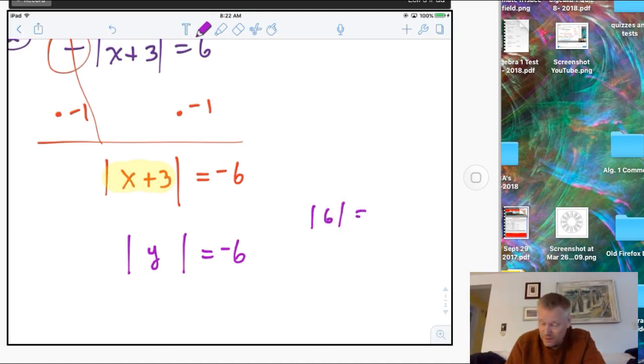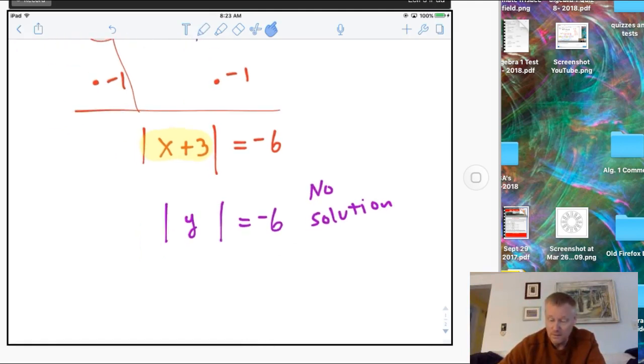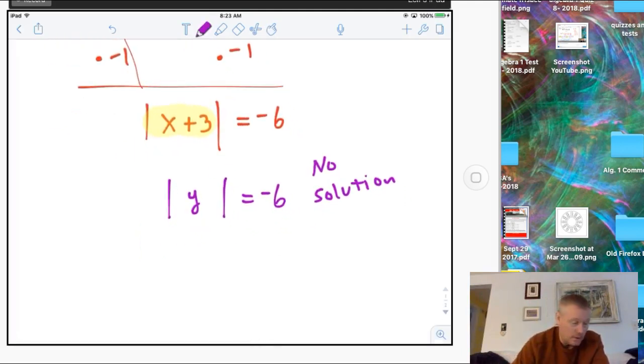The absolute value of 6 is 6, and the absolute value of -6 is also 6, which means there's absolutely nothing that you can plug in there for y and get a negative answer, which means anytime you've got the absolute value of something equaling a negative number, there's no solution. If you wanted to take that a little more in depth, the definition of absolute value is the distance between the number and zero on a number line, and there's no such thing as negative distance on a number line anyway. So that's the answer, no solution.